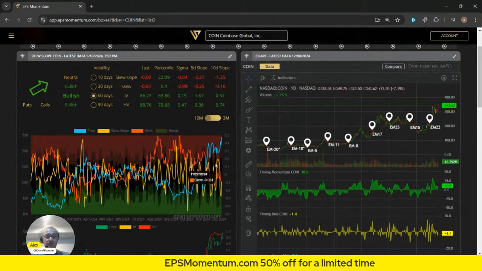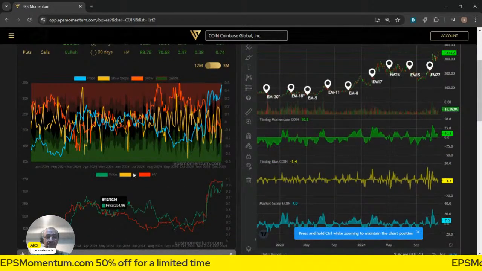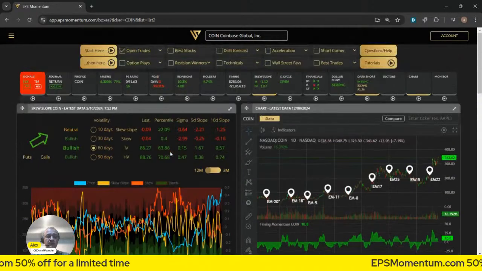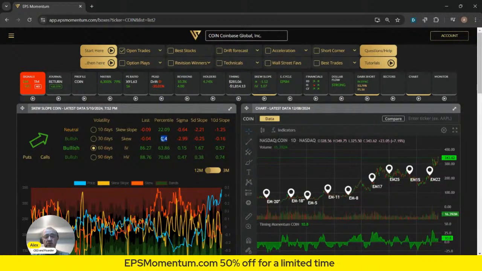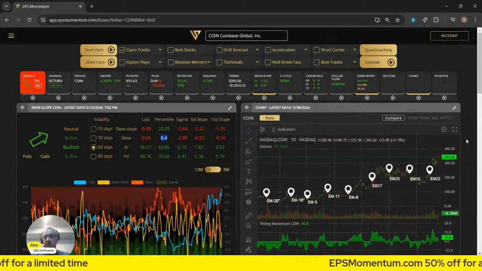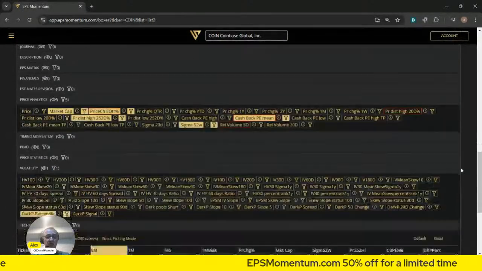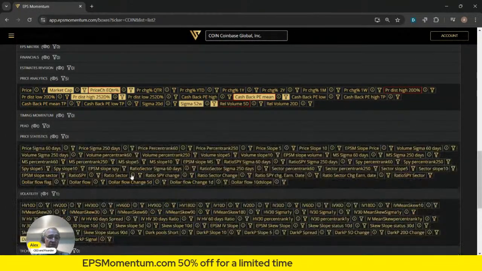Yeah, it is bullish, like very bullish, I would say. Implied vol is fairly in the middle, but the skew is super, super low. Which means a lot of calls are being bought. So yeah. Very quickly, as you can see, you can in your screener get some skew data, price analysis, and so on.